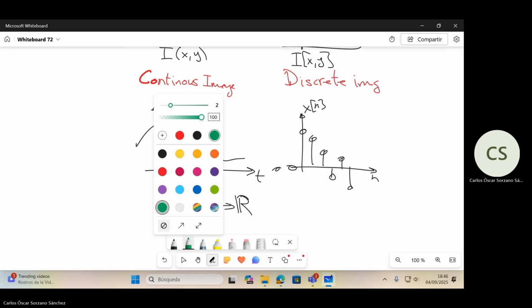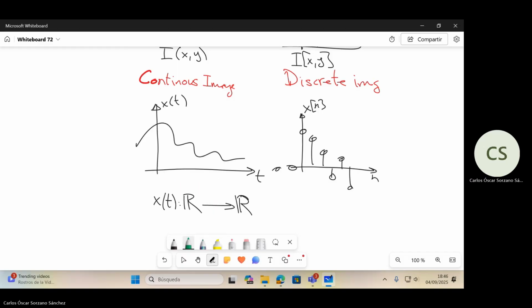The domain is this t. And this is the range. The range is red.